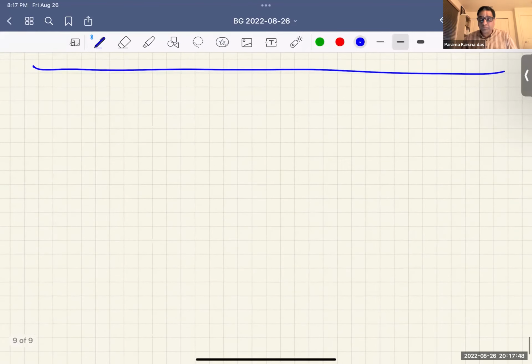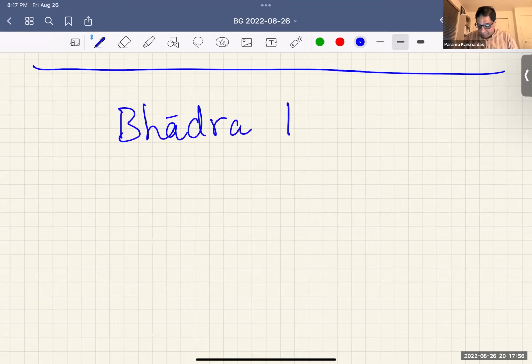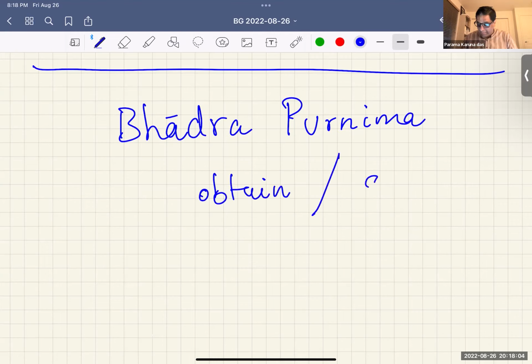Last, very important announcement. Bhadra Purnima is a great opportunity to obtain, and if you already have, then to gift Srimad Bhagavatam.